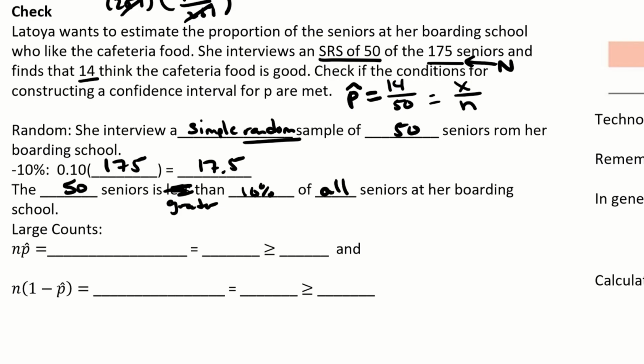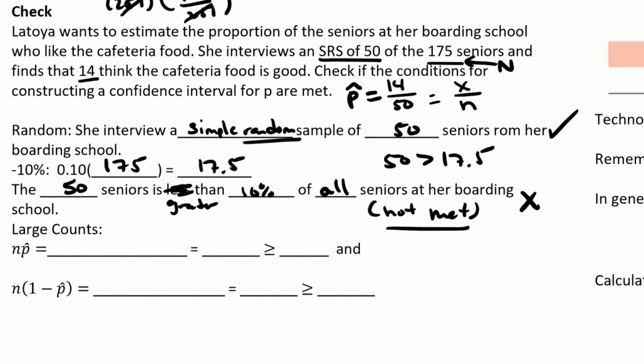In other words, 50 is greater than 17.5, right? So there you go. So 50 is greater than that, and therefore the condition is not met. Now this one is met. Check on that one, but this one's not.